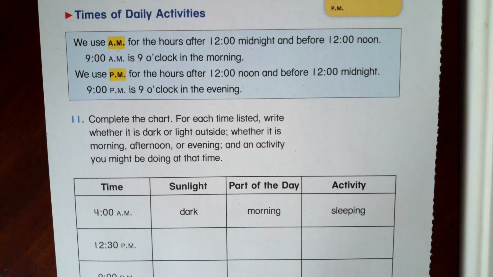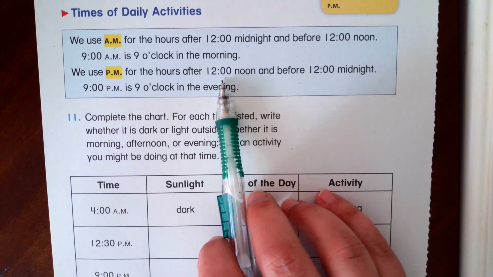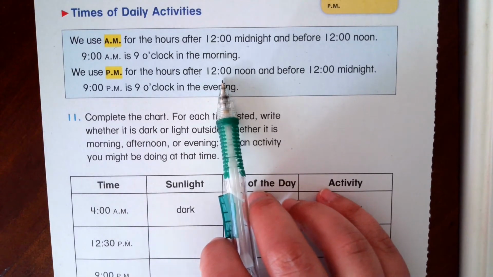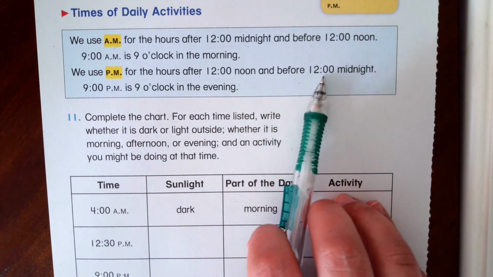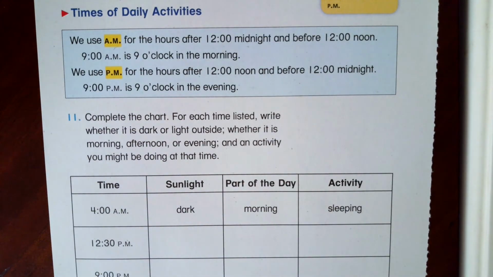Okay, now let's go over the other way. So we use PM for after it turns 12 noon until midnight, right before midnight, 11:59. So what does that mean?